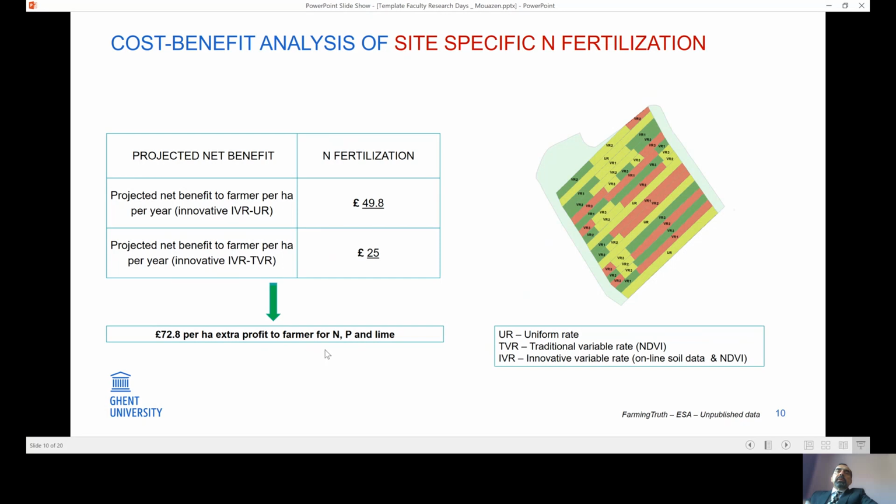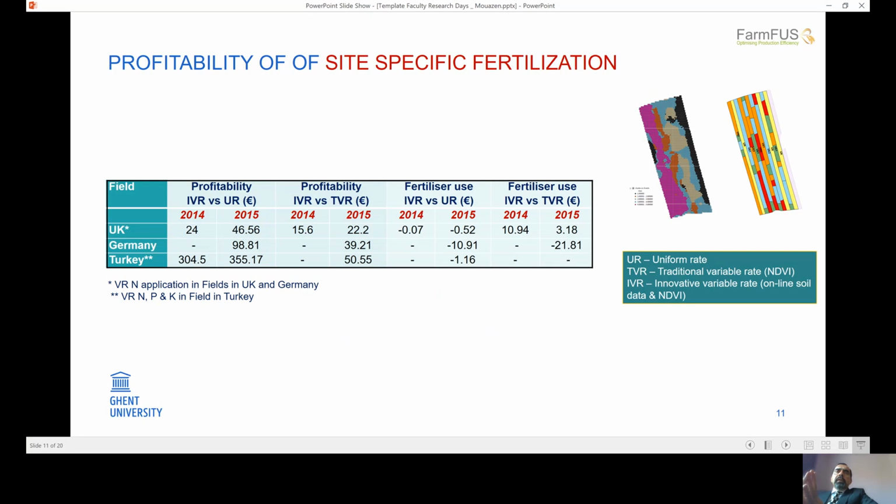And when we added to N fertilization phosphorus and lime, then the profit goes up to about 72.8 sterling per hectare.